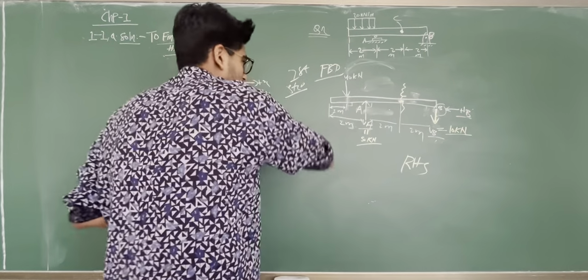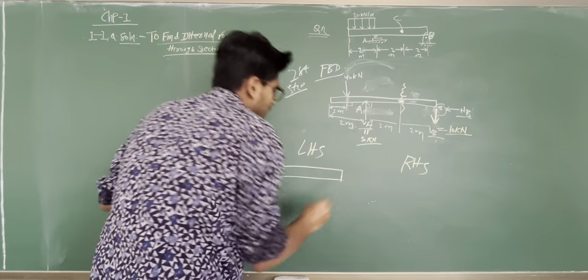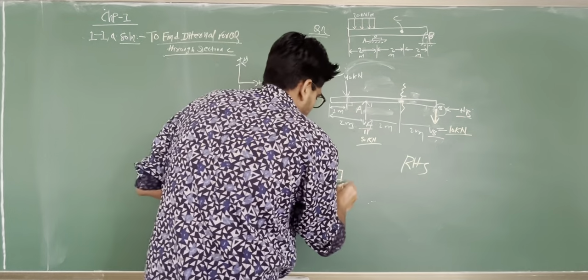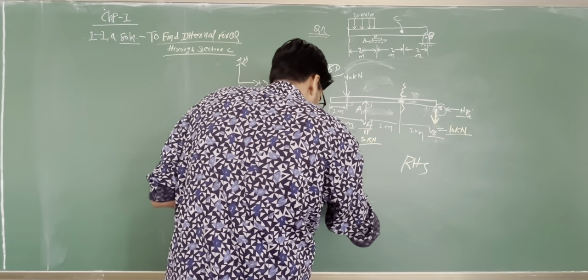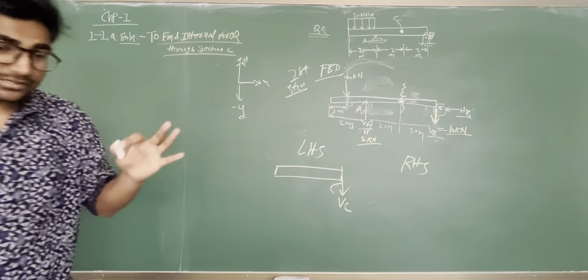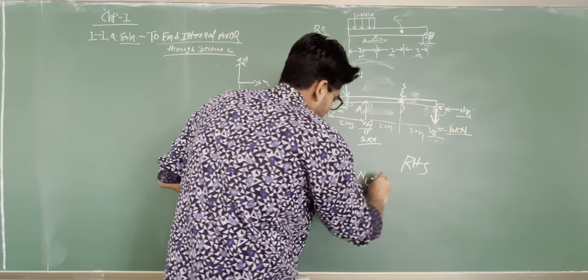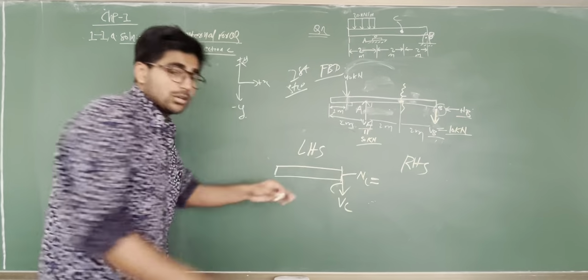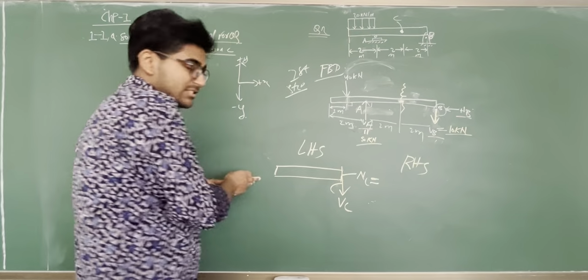Since we take the left beam, we take it like this, and there is a point C. Since we are taking the left hand side, there is VC, the shear force. There are three forces. One is NC. Is there any horizontal force?